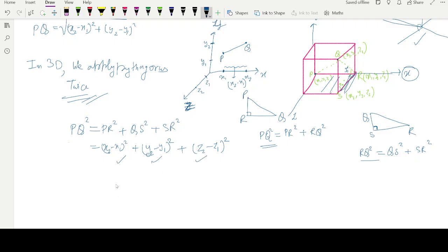And what is here, PQ, sorry, not PQ square, only PQ here. PQ is under root x2 minus x1 square plus y2 minus y1 square plus z2 minus z1 square.